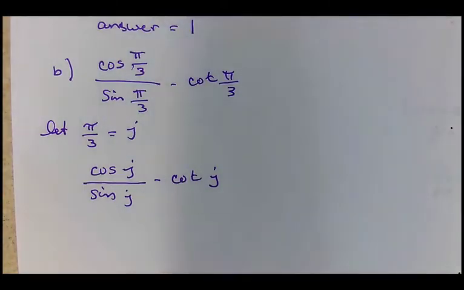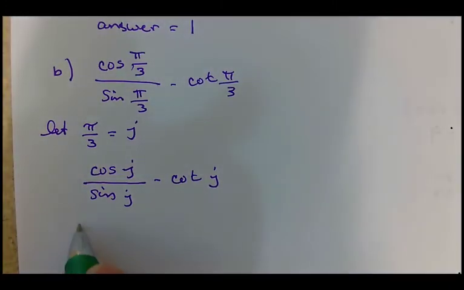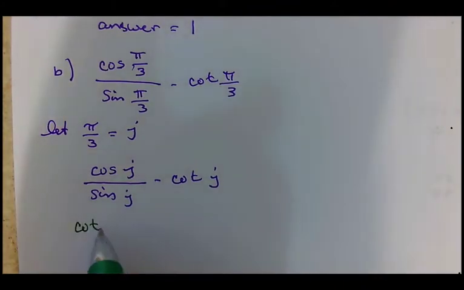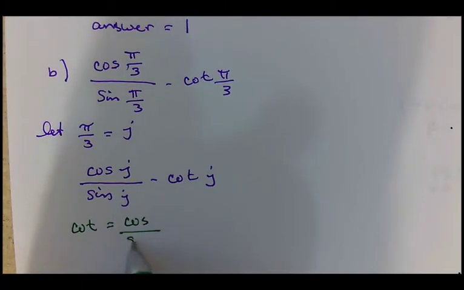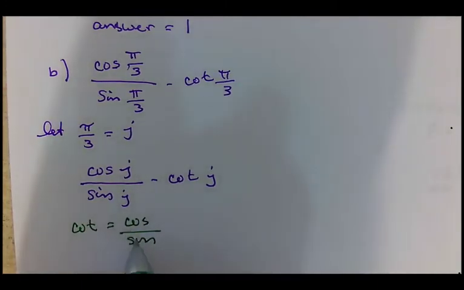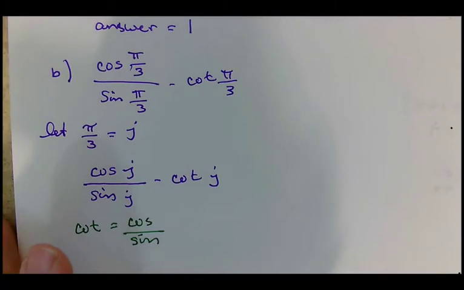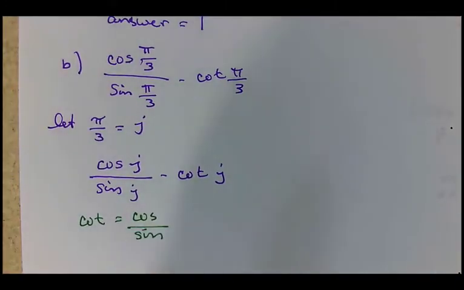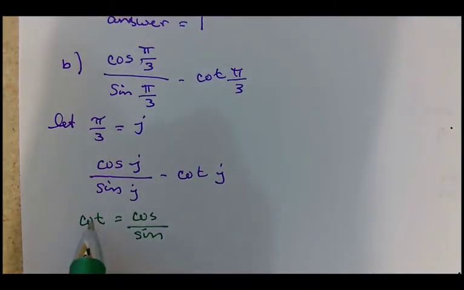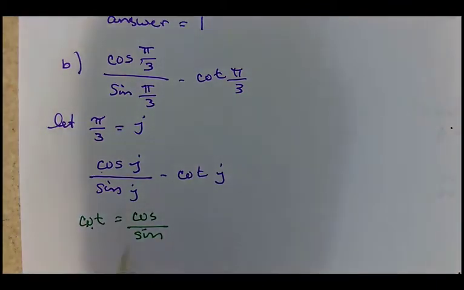Well, what do I know already? I know that cotangent is equal to cosine over sine. So can't I just replace this with cotangent? If you said yes, you are correct.